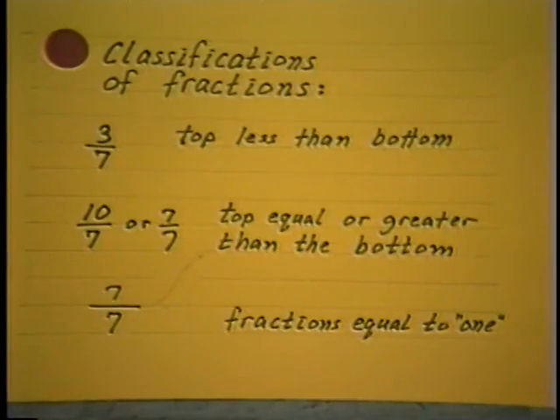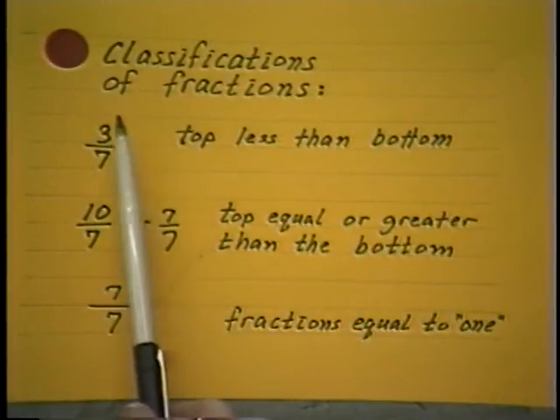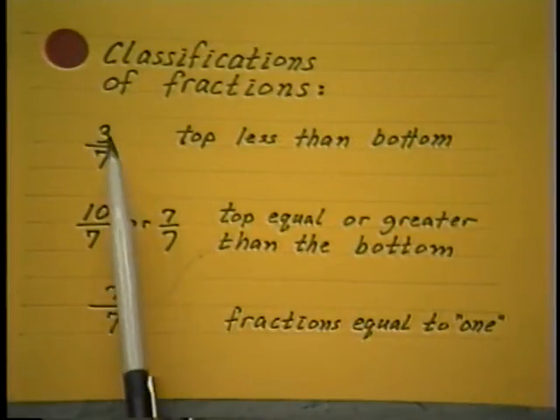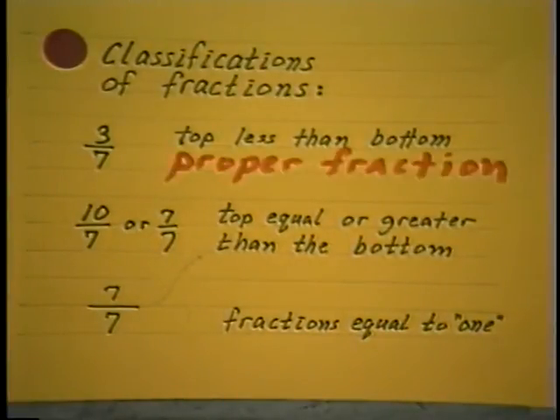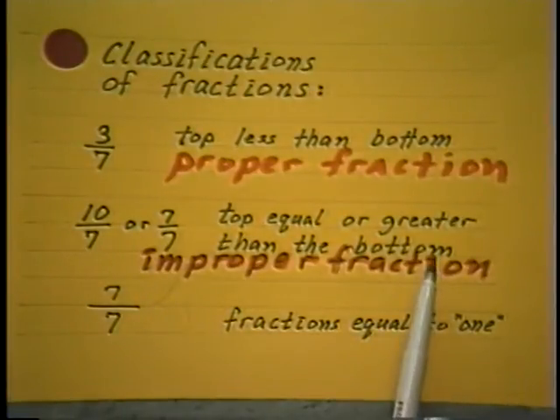This leads us into 3 traditional classifications of fractions. If the top is less than the bottom, we call that a proper fraction. Now, if the top is larger than the bottom or equal to, catch this, or equal to the bottom, then we traditionally call that an improper fraction.